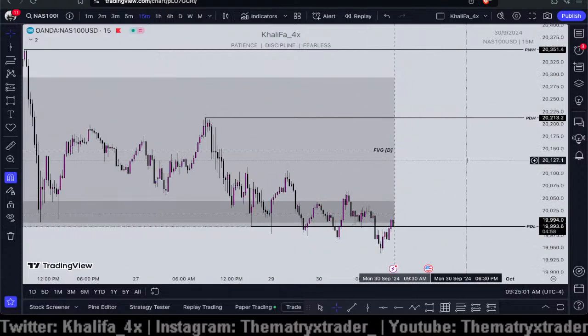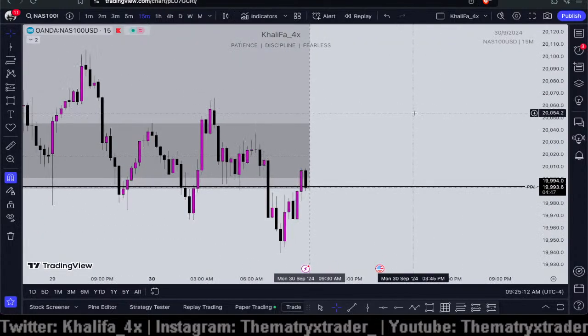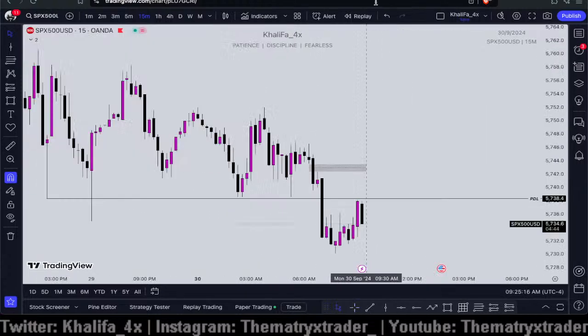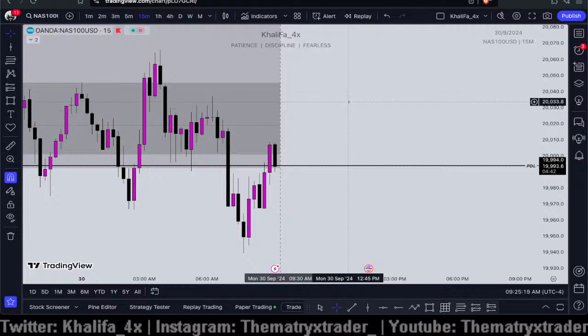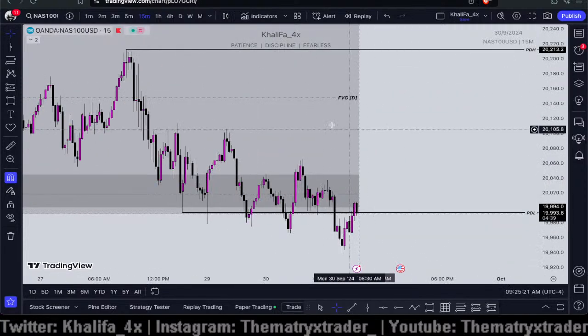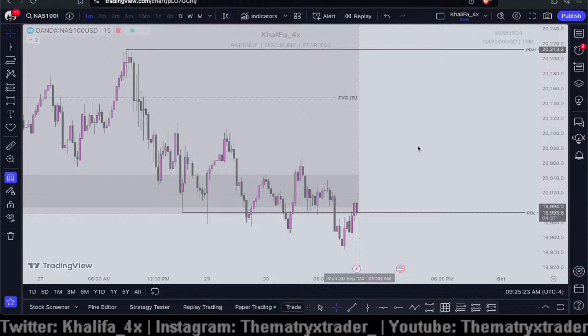Now what I'm expecting is that we could get some kind of Judas swing, and then we look for lower prices. This is what I'm expecting, but obviously all the retail traders will be looking for short entries. So I'm not going to act as a retail trader.